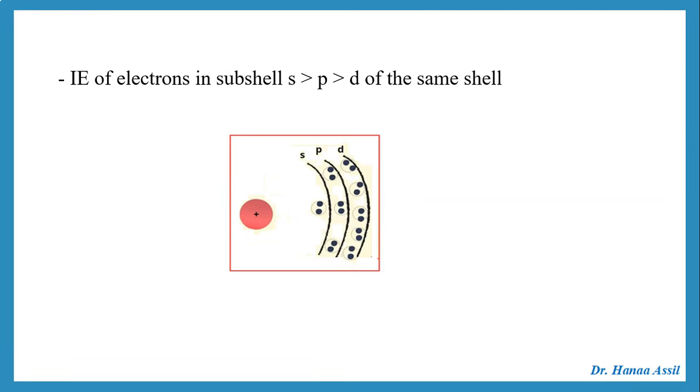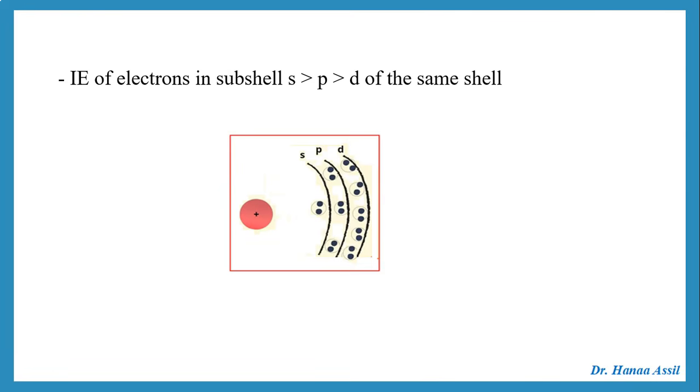Now, ionization energy could depend on which subshell, or sub-level, we're talking about. So if I have S, P, and D, of course the S is nearer to the nucleus, the P is further away, the D is further away. So removing an electron from the D is easier. So the ionization energy to remove electrons from the D will be less than P, and P less than S, or the other way around.